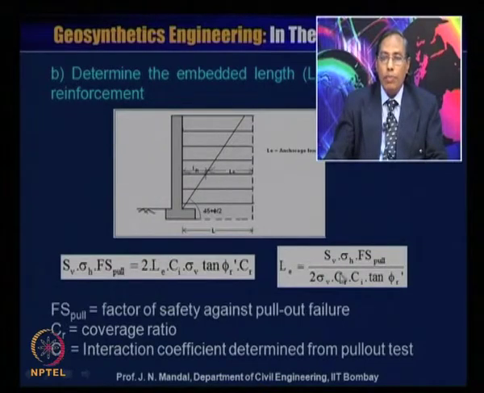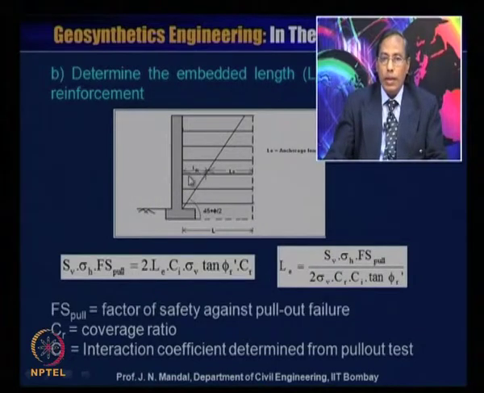You know how to calculate the spacing SB, you know how to calculate the sigma H, and then you consider what will be the factor of safety for pull out. So you can calculate LE. So if you can calculate the LE, then you can calculate LR, because if this angle is 45 degree plus phi by 2, so this angle will be 45 degree minus phi by 2.